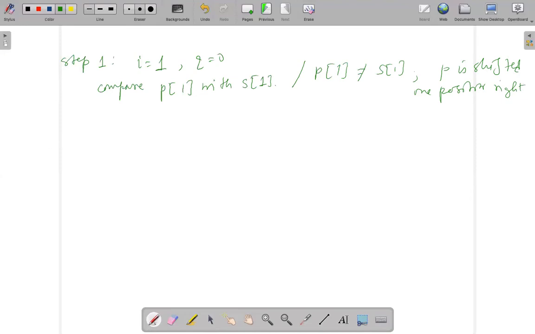Now, step 2, I equals 2, Q equals 0. We again compare P1 with S2.